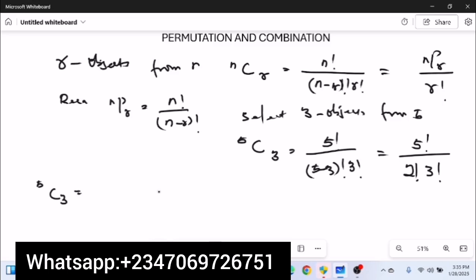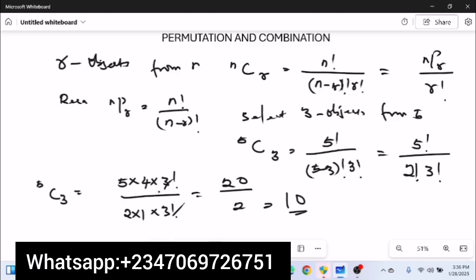If you evaluate this, 5 factorial is 5 times 4 times 3 factorial, so you can simply leave it as 3 factorial since you have 3 factorial at the denominator. Divide by 2 factorial, which is 2 times 1, times 3 factorial. Here 3 factorial cancels 3 factorial. So this is equal to 5 times 4, which is 20, divided by 2 times 1, which is 2, and that simply gives us 10.